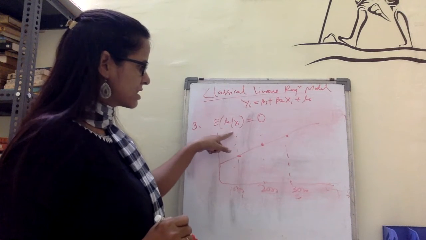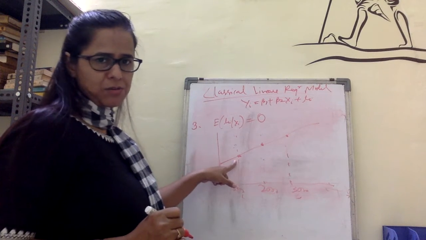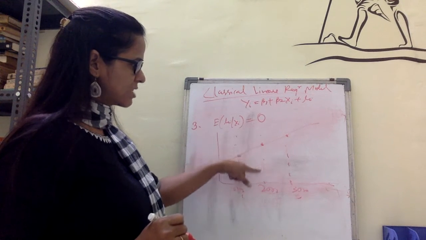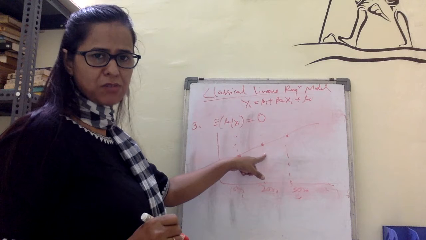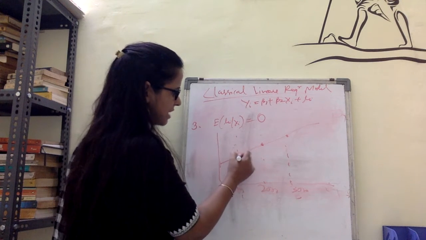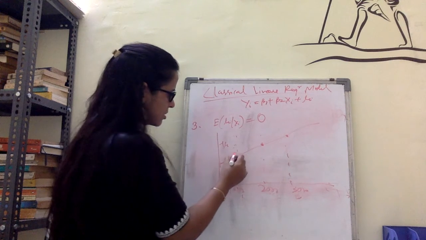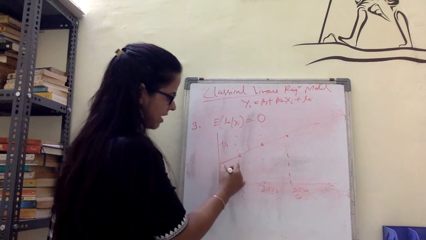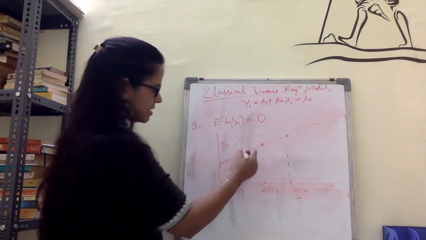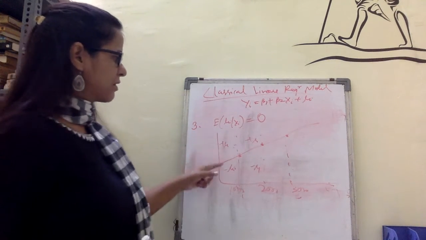Error term is the difference between these actual y values and the predicted y values. So the error terms which are above this line are the positive errors, and the errors which are below this line are the negative ones. Similarly here. Expected means average.